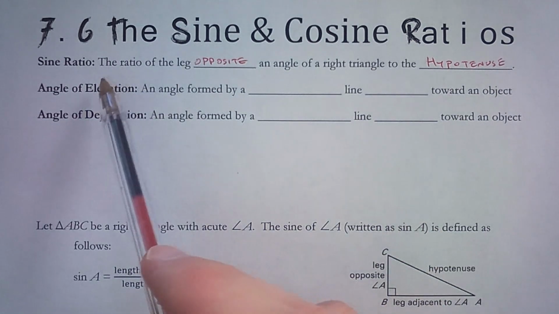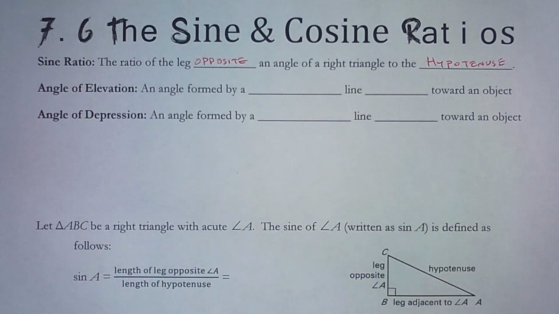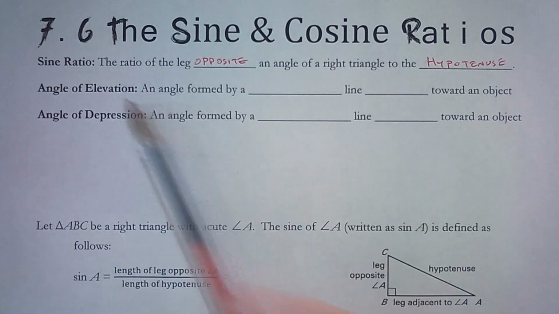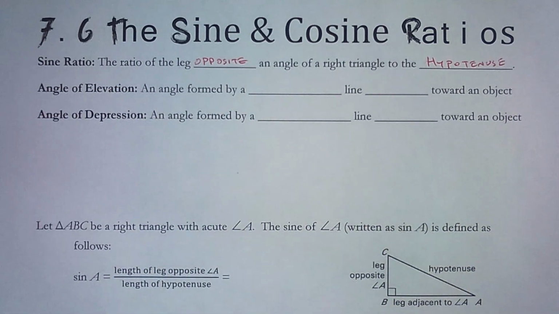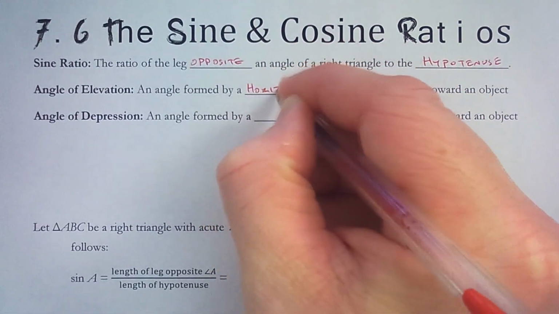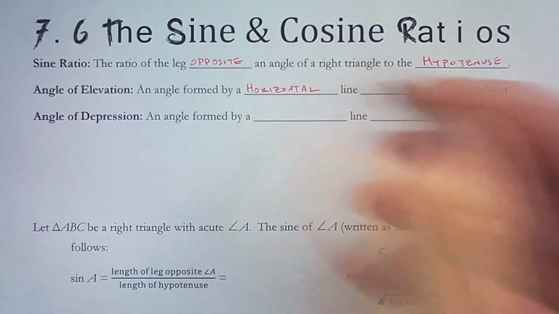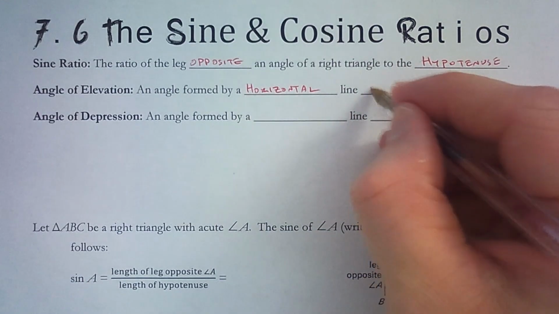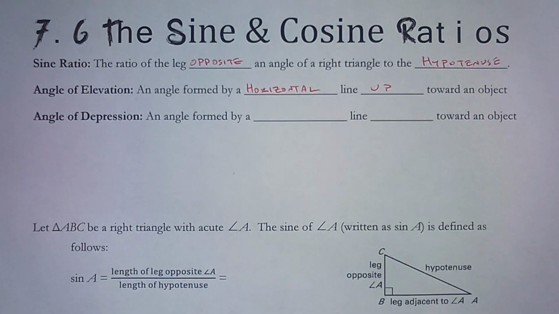Okay, so we're going to talk about two different types of angles that will come up throughout this lesson, the angle of elevation and the angle of depression. An angle of elevation is formed by a horizontal line, and it opens up toward an object.